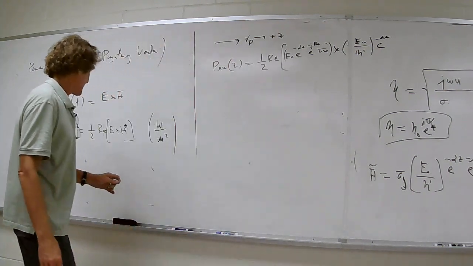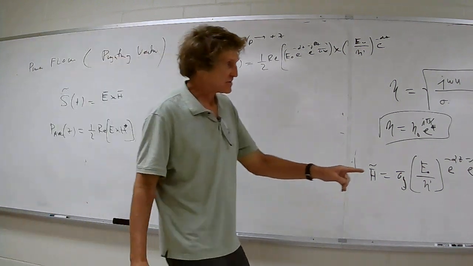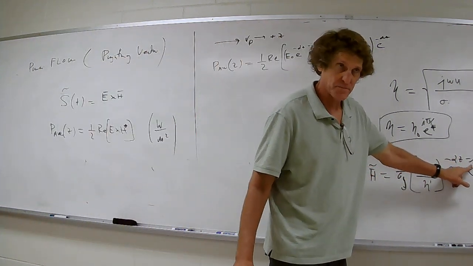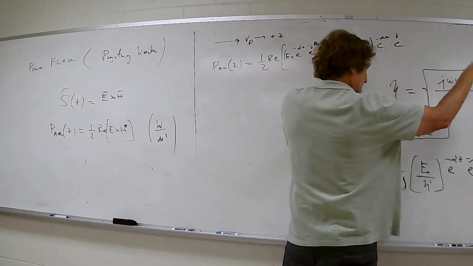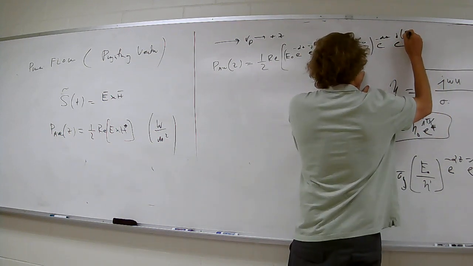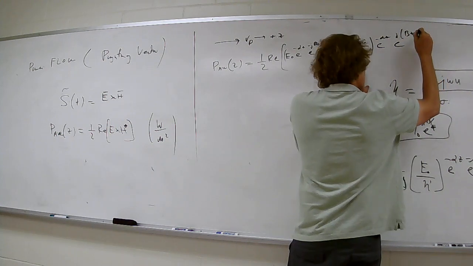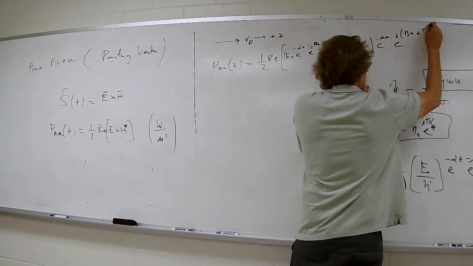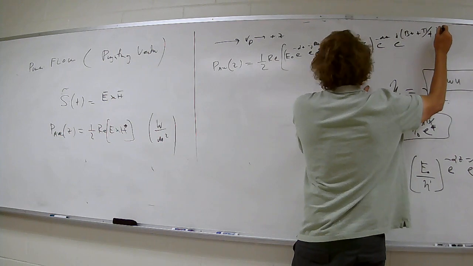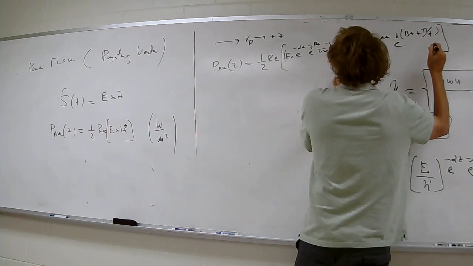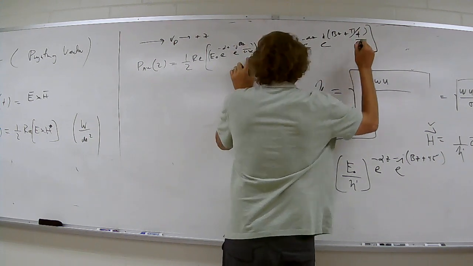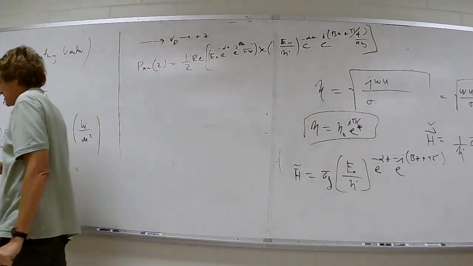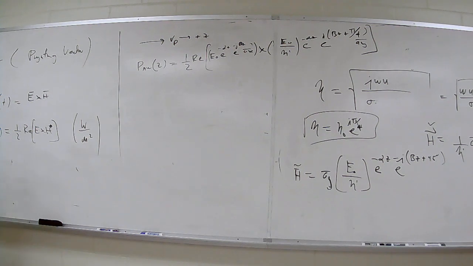When I conjugate it, that means I flip the sign on this j term. So now this becomes e to the plus j beta z plus, I'll call it pi over 4. Just work with me on this one. And that was a_x, that should be a_y. Can you all follow me? Just take a good look at this. It's in the book, but I want to do this for completeness. Everybody with me?